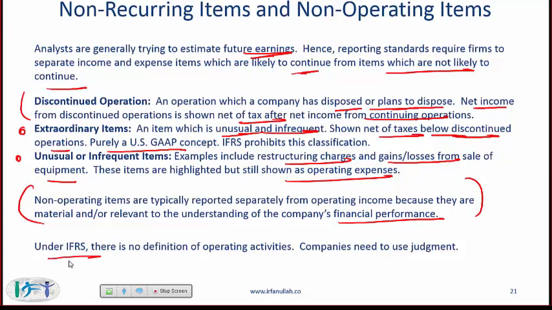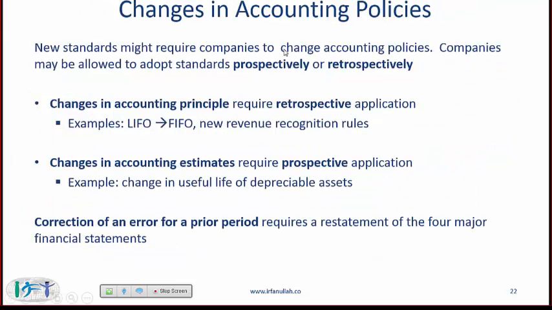Also note that under IFRS, a definition of operating activities is not given, which means that the company that is reporting has the discretion to determine what is operating and what is not operating. The company has to use judgment, and you as an analyst need to determine whether the company is using good judgment or not.